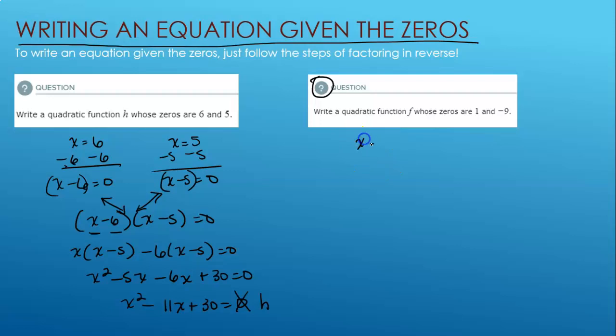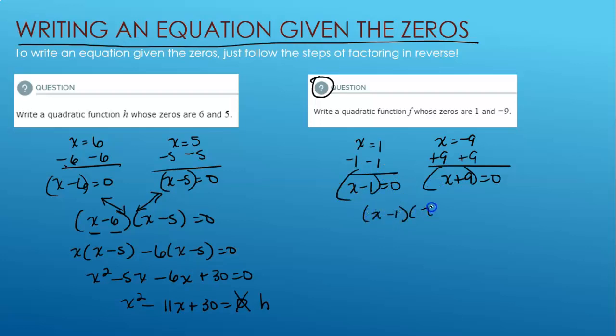You should have set both 1 and negative 9 equal to x, and then these are the zeros, so you want to subtract and add from each side. So you should have gotten x minus 1 equals 0 and x plus 9 equals 0. These are now your two factors. So we're going to multiply them. So x minus 1 times x plus 9 should equal 0 because of our zero product property.